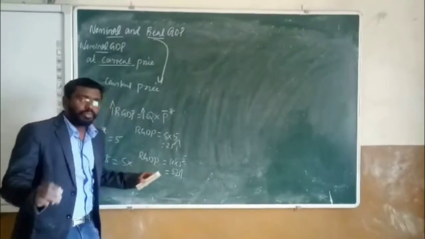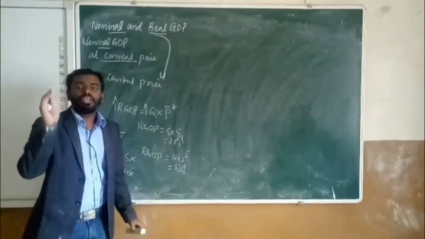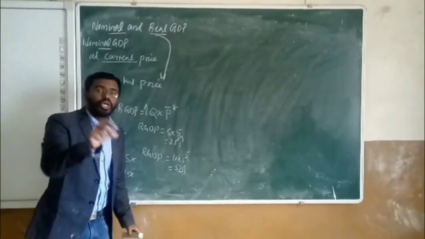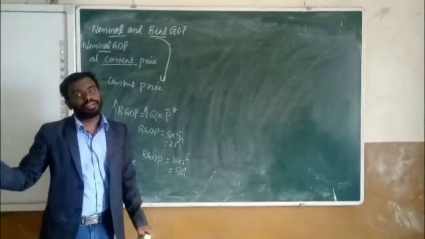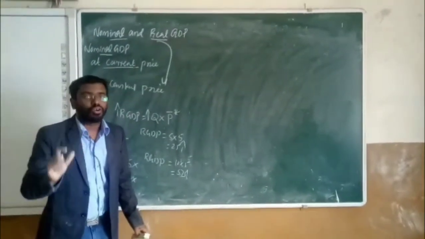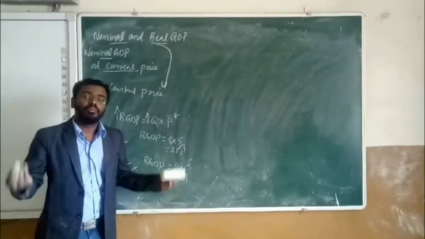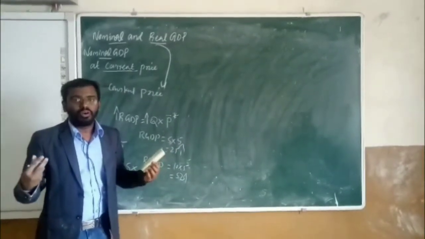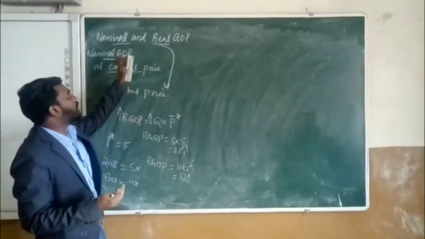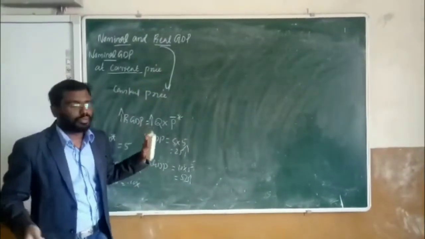If the real GDP is increased, automatically the flow of goods and services in that particular economy also will increase. It will improve the welfare of the society. People will get more goods and services. That is the difference between real GDP and nominal GDP.